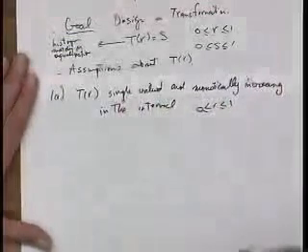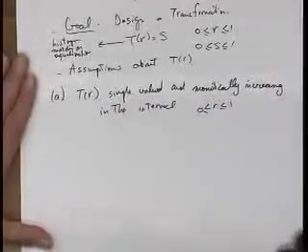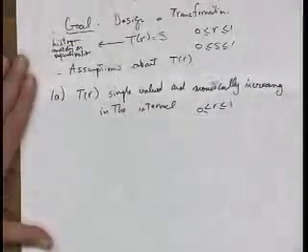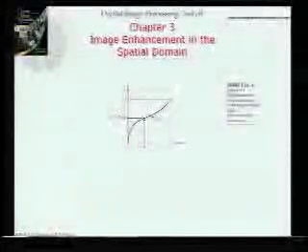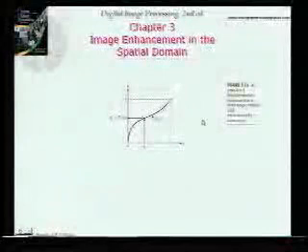Okay, and so before I even do that, I'd like to go back to this picture. If you can switch to the computer for a second. So what do I mean by it's single valued?